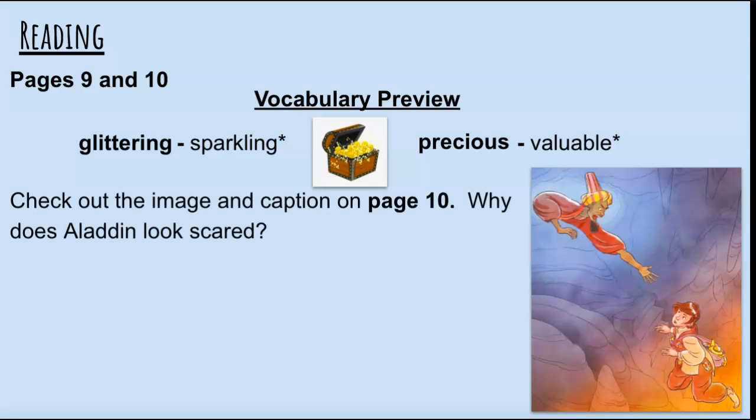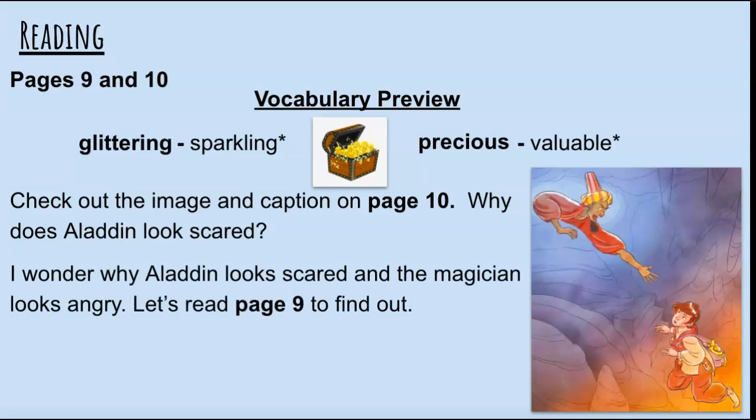Check out the image, the picture, and the caption on page 10. It says, "Give me the lamp," said the magician. Why does Aladdin look scared? This is a question on your worksheet. I wonder why Aladdin looks scared and the magician looks angry. Look at your worksheet and the question asks you to answer what you think.